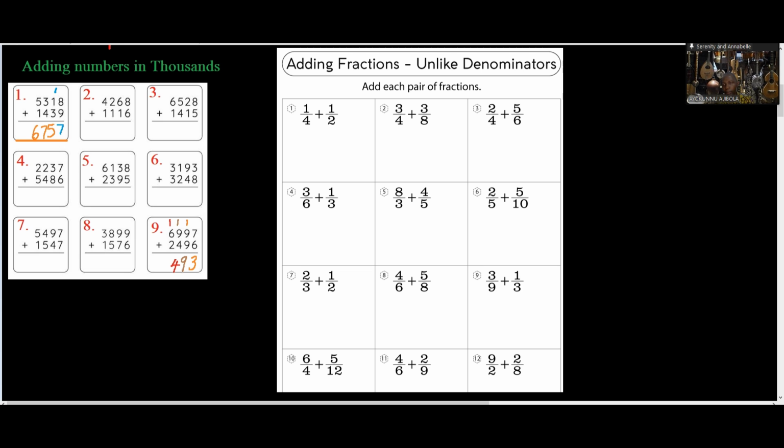And finally, 1 plus 6 is 7, and 7 plus 2 is 9. So the answer to this is 9,493. Very good.